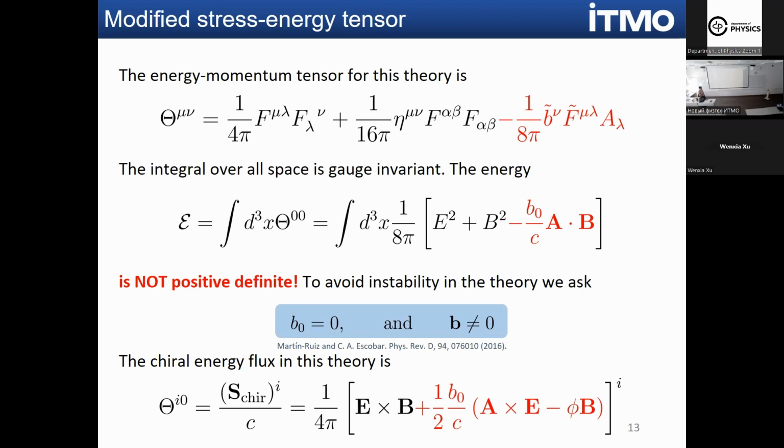This will prompt us to choose the B0 component equal to 0, not only to simplify the calculation, but to avoid these instabilities. Also, one can calculate the energy flux in this theory that corresponds to the Poynting vector in this medium. If we make B0 equal to 0, then the Poynting vector remains the same as usual. So we can calculate with the Poynting vector the angular distribution of radiation.